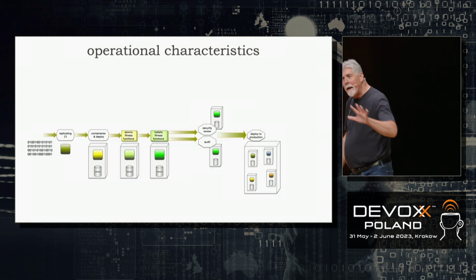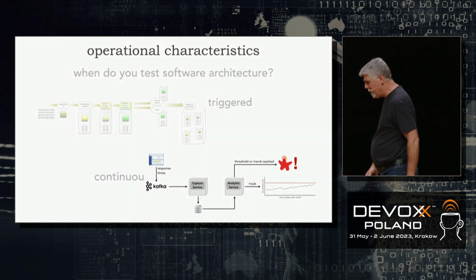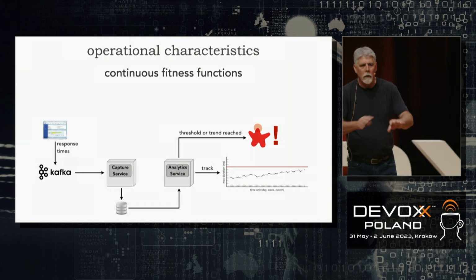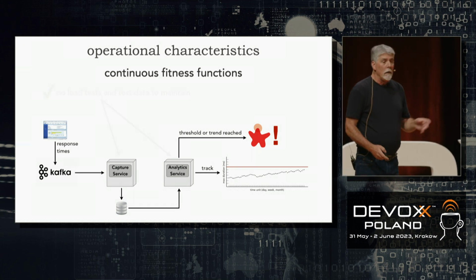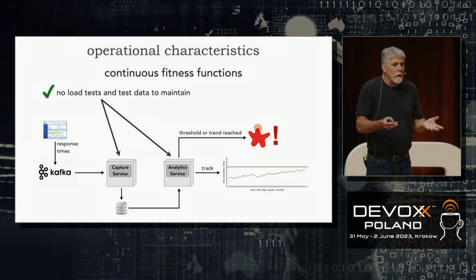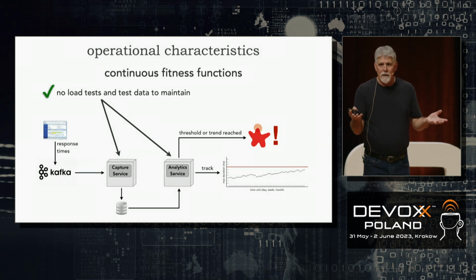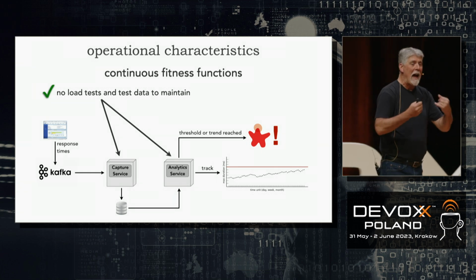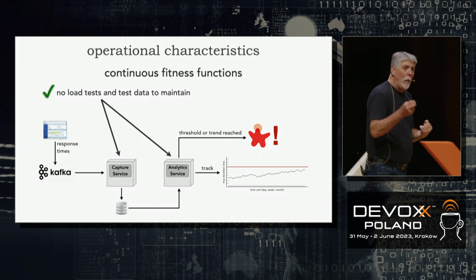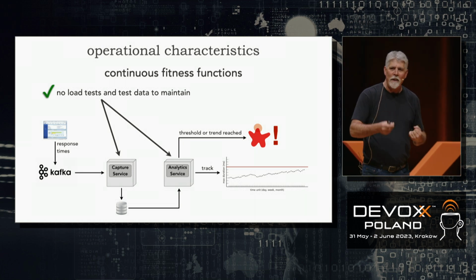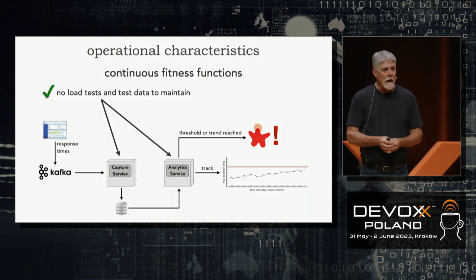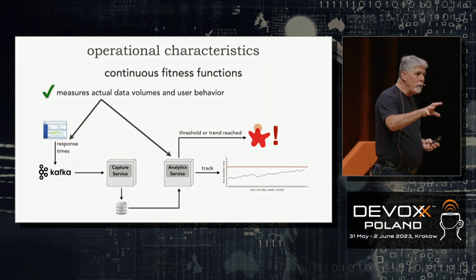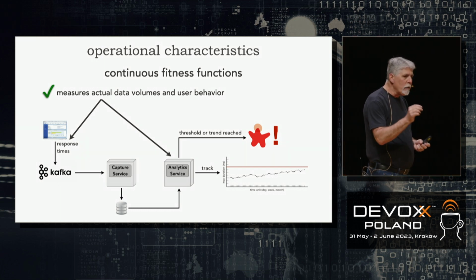All right, well, let's take a look at continuous fitness functions, those that run in the background. They're just continuously running when we write the test. Well, the first thing we notice is the fact that we don't have to maintain any tests. This is all analytics based on gathering information and data. We don't have any test data to maintain. As a matter of fact, we are getting actual test volumes of real usage of that data, actual user behavior.